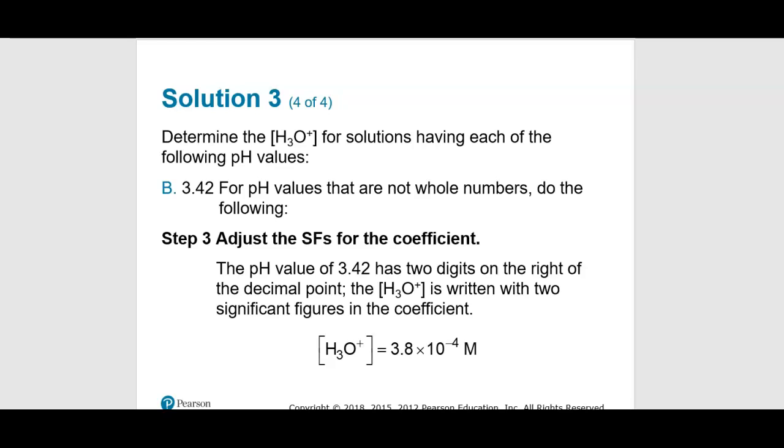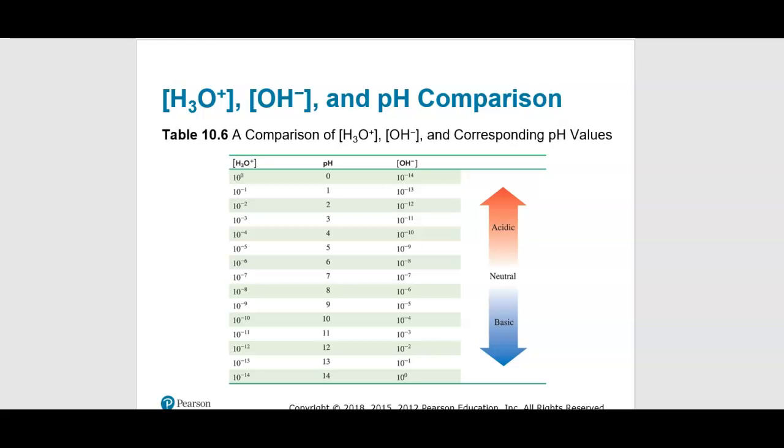Watch your significant figures, because I have to consciously think about that myself. Some of these things sink in, no matter who you are. Some of these things sink in pretty easily, and some of them are a little more painful. So you need to pay attention to those. And anyway, there's your comparison of pH and hydrogen ion and hydroxide ion concentrations.